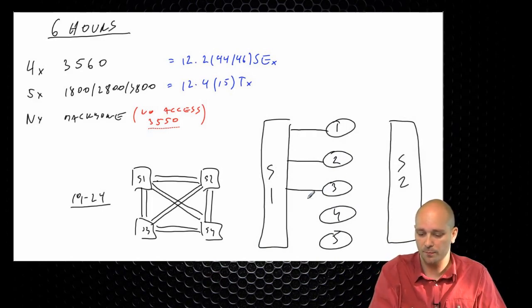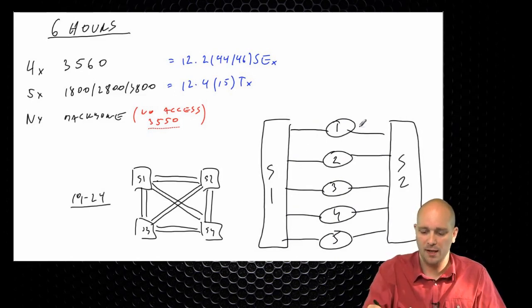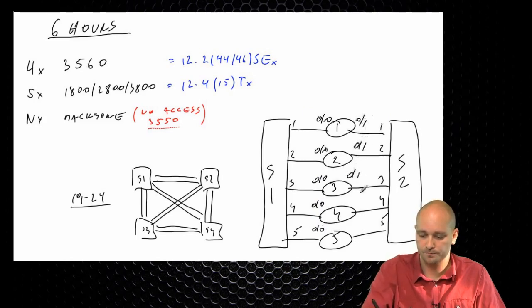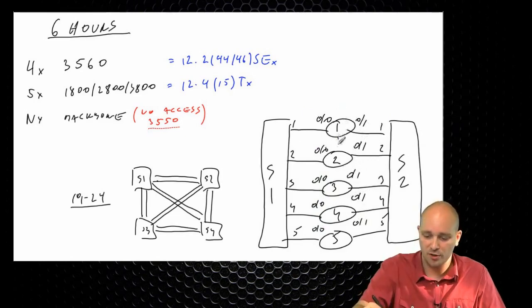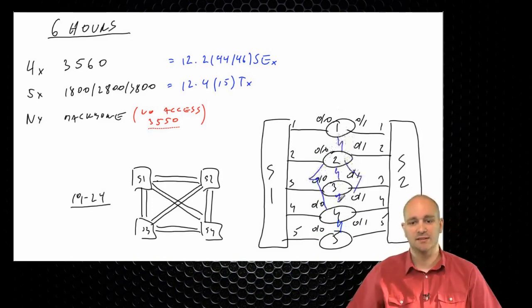So these are the connections between them, and this is going to be port 1, 2, 3, 4, 5, 1, 2, 3, 4, 5, and this is going to be 0/0. And this here is going to be 0/1. Now, there is going to be any number of serial connections between the routers. I don't really know how they are done, but let's assume that perhaps something along these lines.